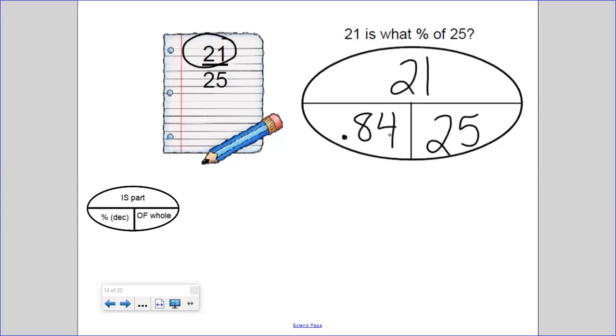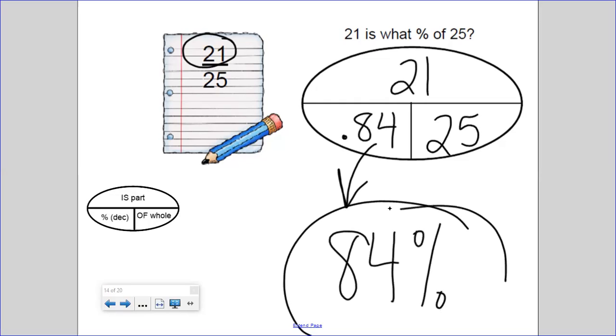Now, one of the things I try to caution my students on is you better not put 0.84 as your answer, because that's smaller than 1% if you put 0.84. When you pull it out of the football, your final answer has to be converted back to the percent. So if you got a 21 out of 25 on a quiz, you got an 84%.